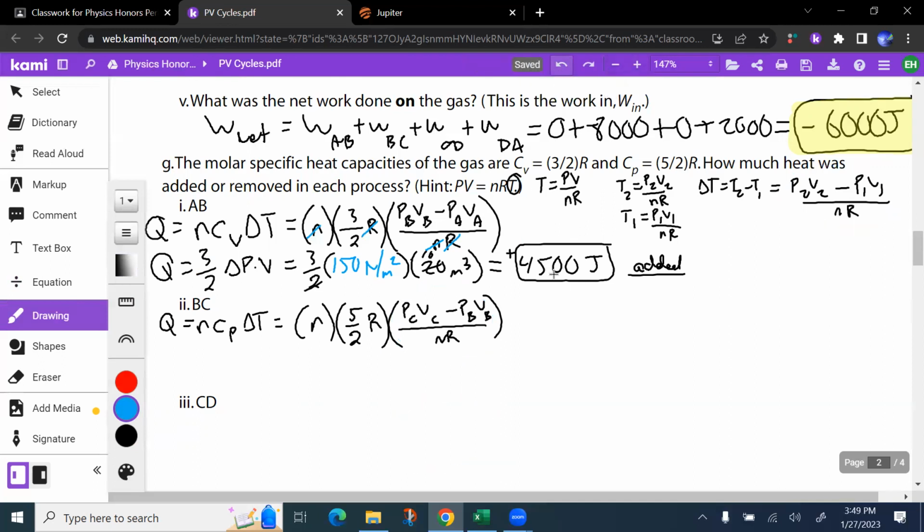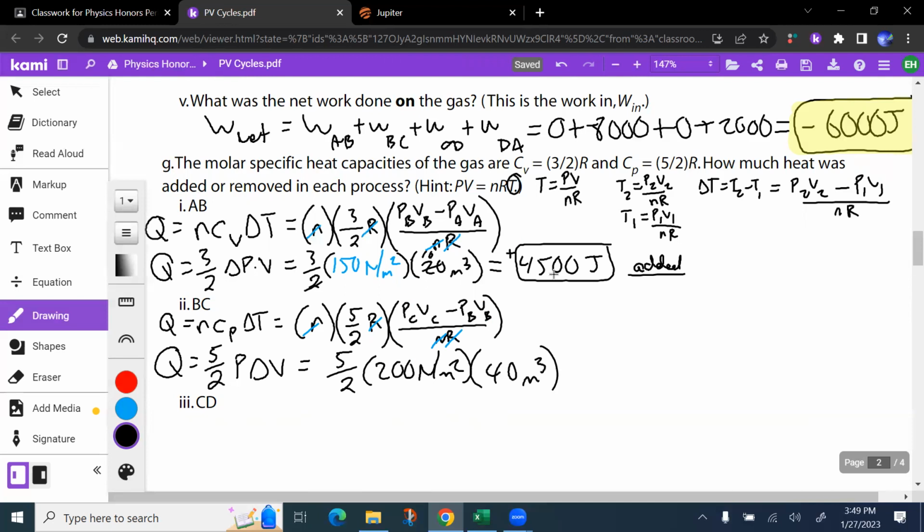Now we can see N cancels, R cancels, and we end up with Q equal to 5/2. This time pressure didn't change, so it's 5/2 pressure times a change in volume. So we're going to go 5/2 times the 200 newtons per meter squared pressure times the change in volume, which was 40.